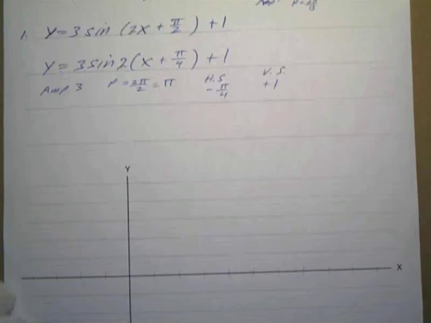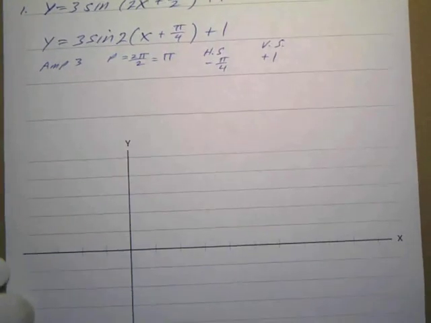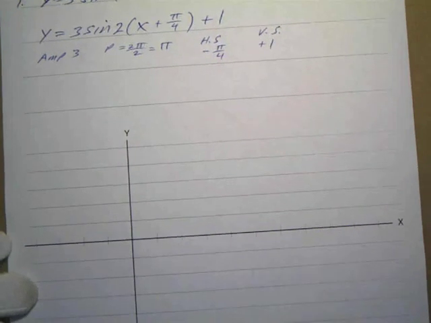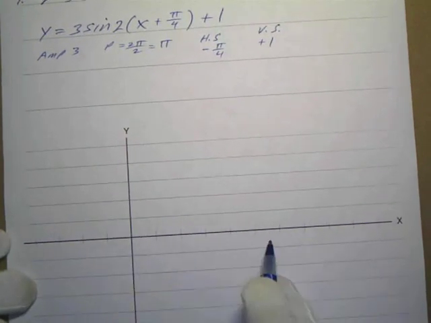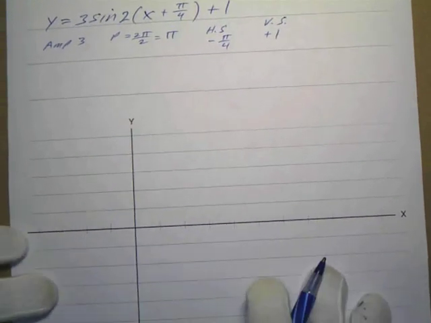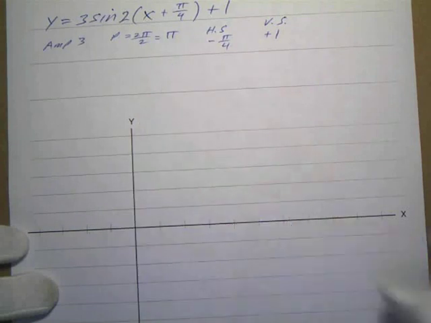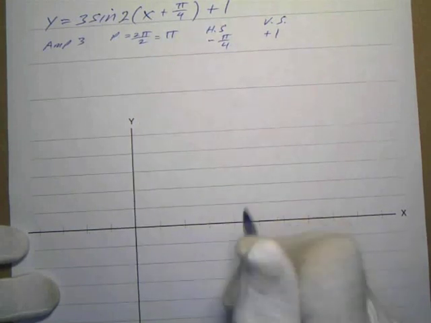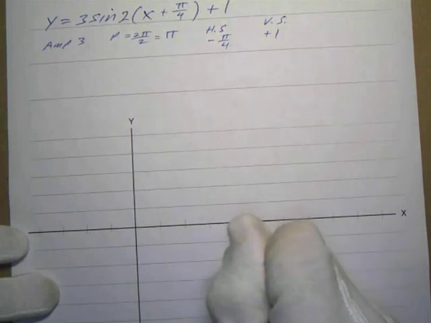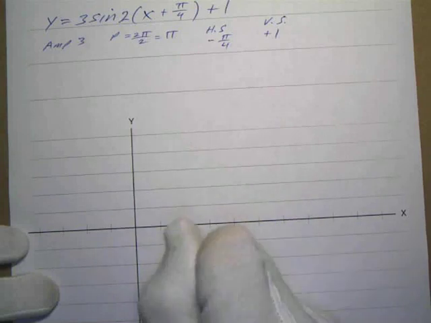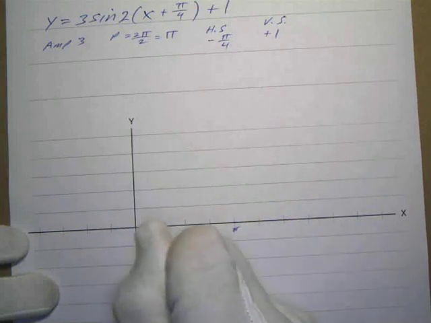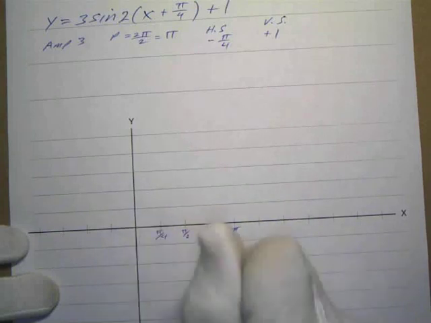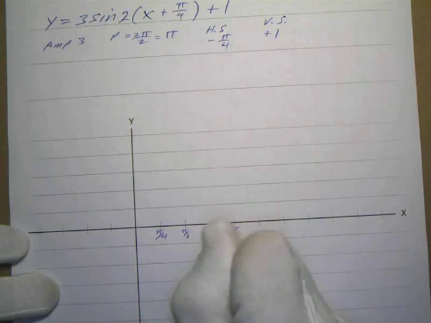Okay, so now I've got to graph this guy. And we're just going to do one period. So I left these open so I can write the values I want. My period is going to be pi. So this is pi over 2, this is pi over 4, and this is 3 pi over 4.